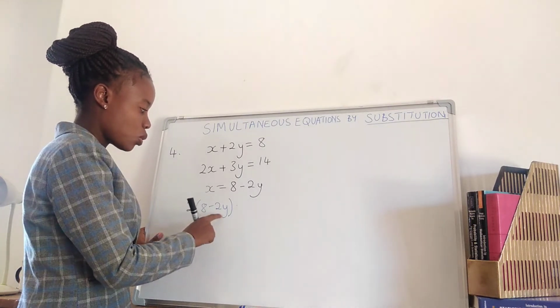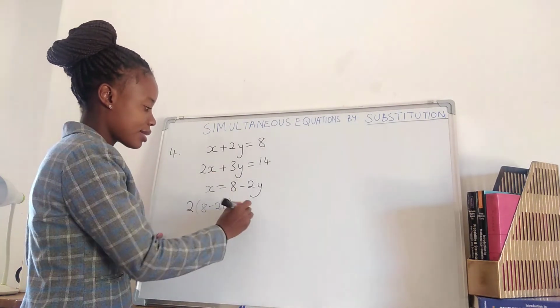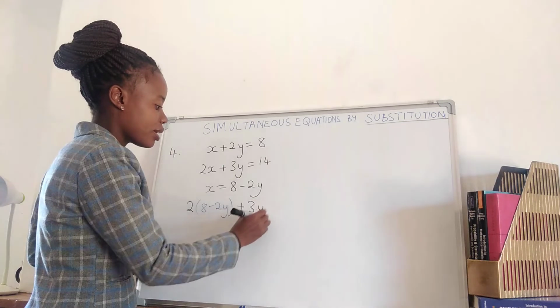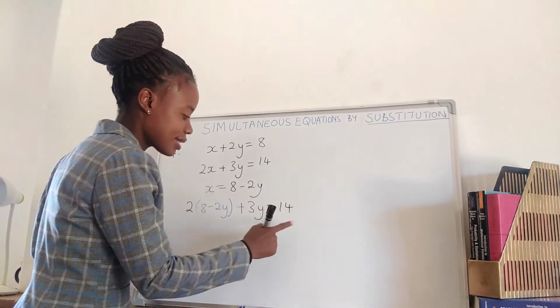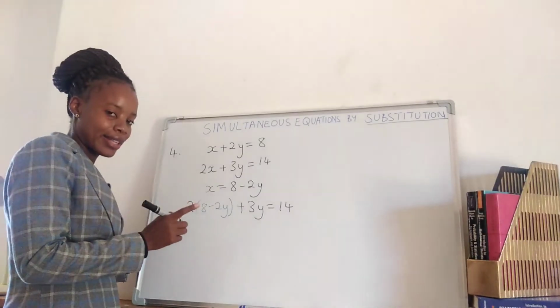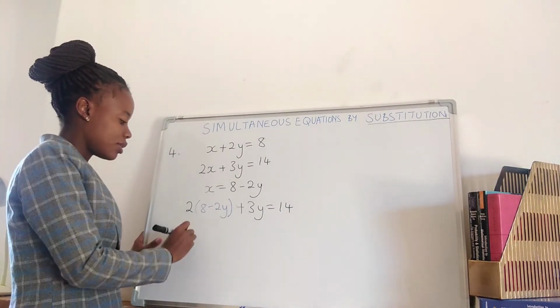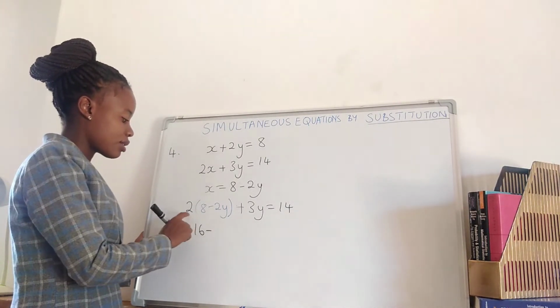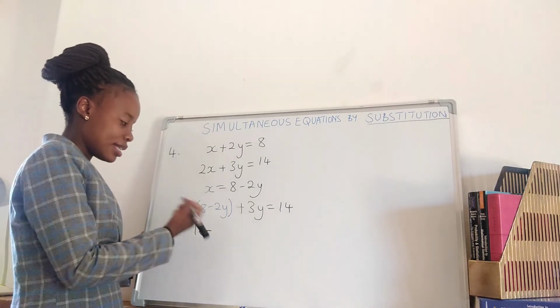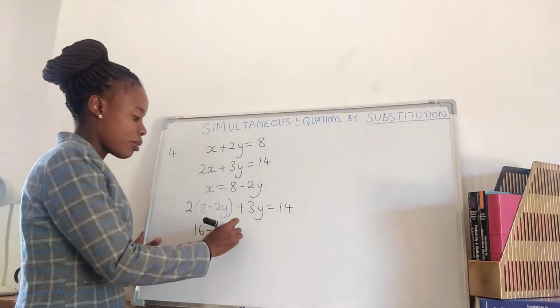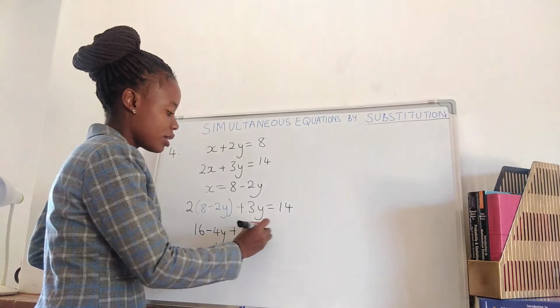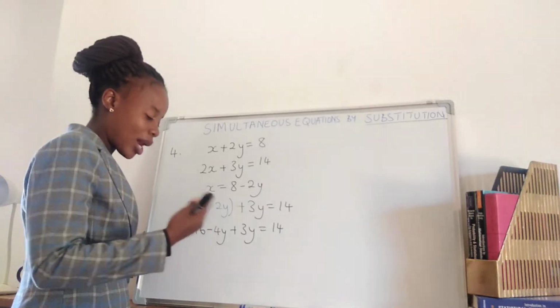So we're going to have 2 times (8 minus 2y) plus 3y equals 14. You can see that in this line we have y's, we don't have x. So we remove brackets. 2 times 8 is 16 minus 2 times 2y is 4y plus 3y equals 14. We collect like terms.